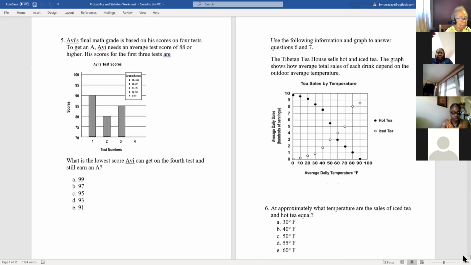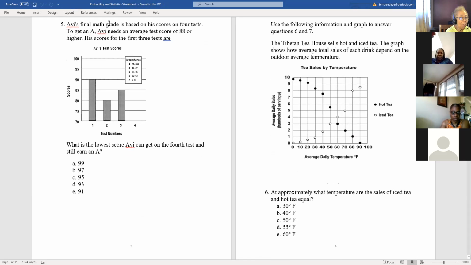Is everybody following? You have 3 scores here on the graph, 90, 80, and what? 85. So this is the way it will look. 90 plus 80, and we're reading this off the bar graph, 90, 80, and 85.